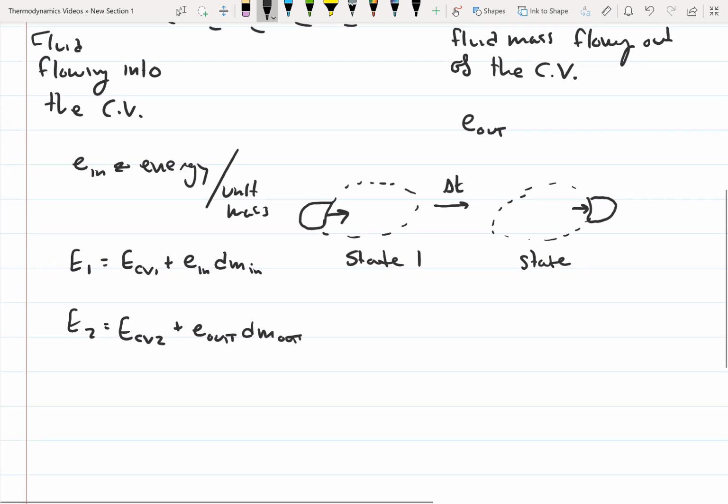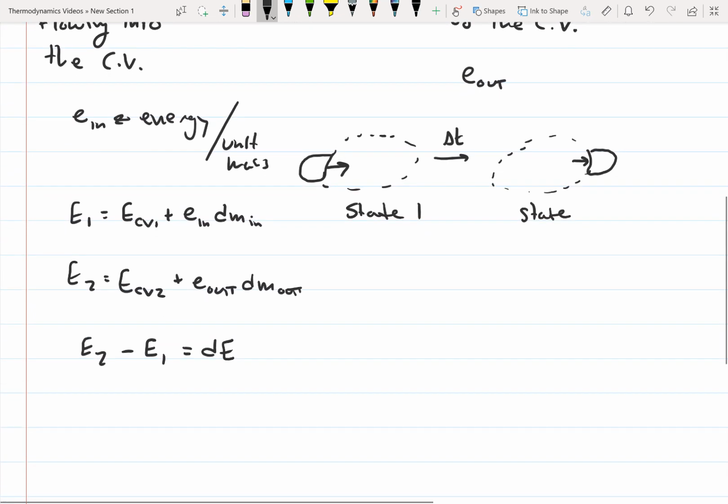So we know that E2 minus E1 is equal to the change in energy of the system. So this E is total energy. Right now I'm just talking about the total energy associated with the system. So we know that E2, the energy at state 2, minus the energy at state 1, is equal to the change in energy of the system. So what I can do is plug these into this equation.